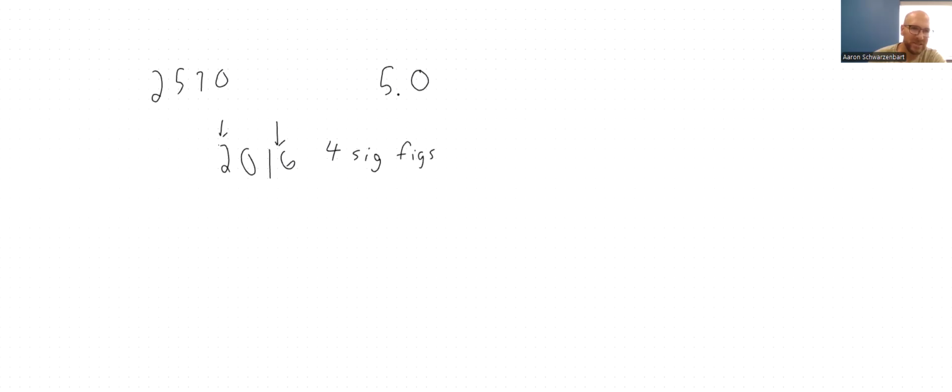This one up here is 3 sig figs. This 0 is what's called a placeholder 0. You get rid of it, it goes from 2,570 to 257. Those are different numbers. It is important, but it is not significant. It is not part of measuring accuracy. This one is 2 sig figs.